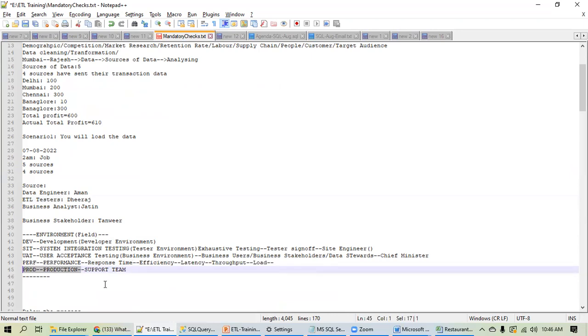I've discussed in the last class what the environment is. Production is the live environment, the final one. Once your development team has coded and the SIT team has tested, then finally you release that to the production so that your business stakeholders or your users can look into the report. That is known as the production environment. This is the final one.